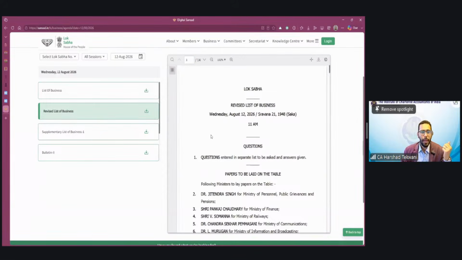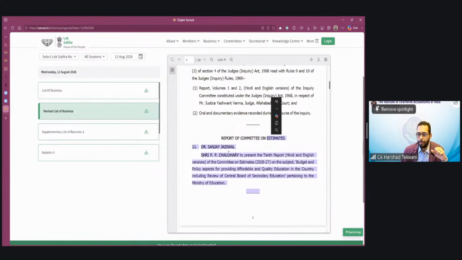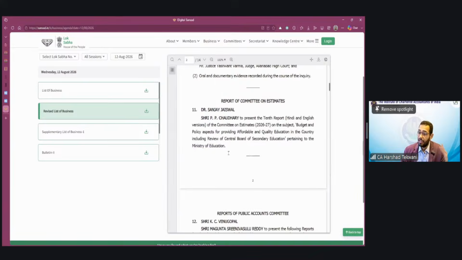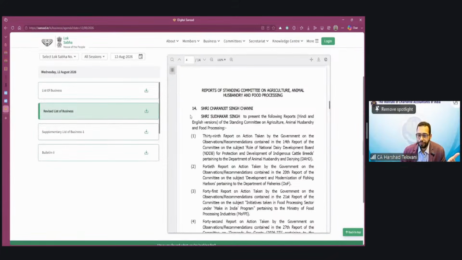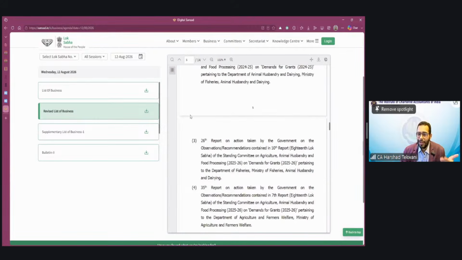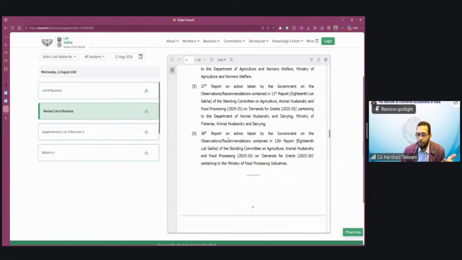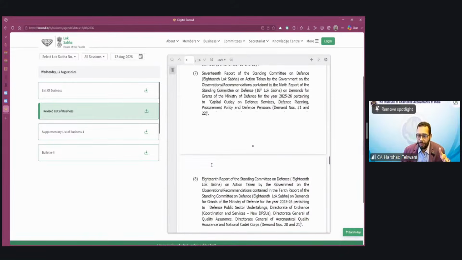In the revised list of business, you will see reports of the Committee on Estimates. We will come to that in some time. But you will also see some reports which are required to be placed before the House of Parliament.